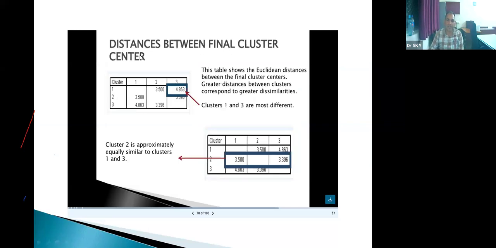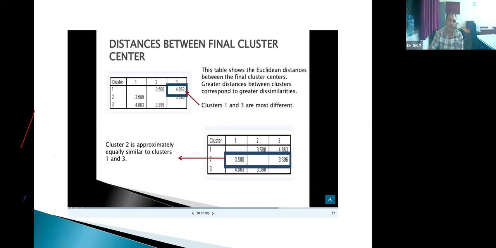Distance between final cluster centers, you can have the idea of that. This table shows the Euclidean distances between the final cluster centers. So we have 3 final cluster centers. You take the difference for every characteristic, get the square of that, take the sum, and then get the square root of that.